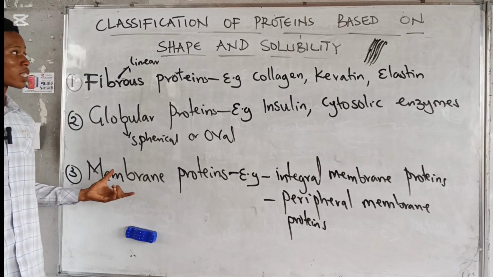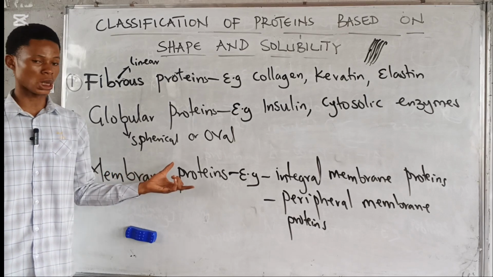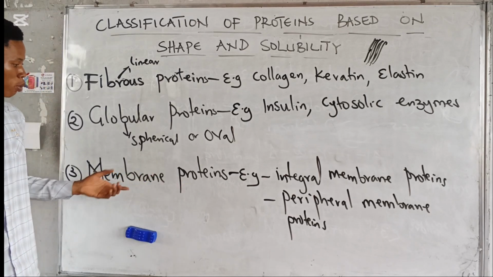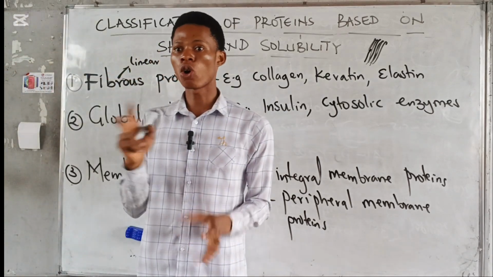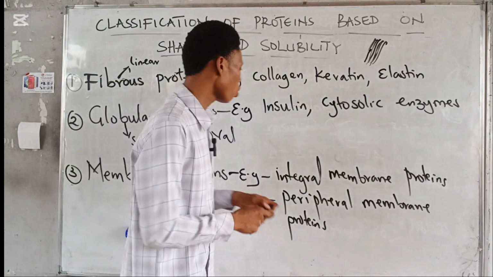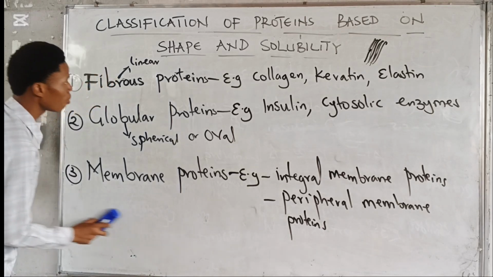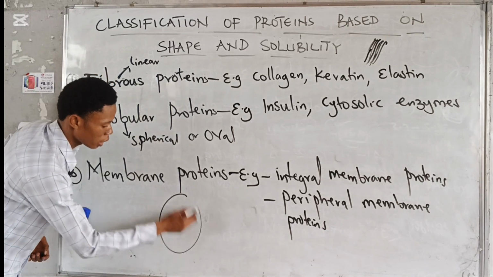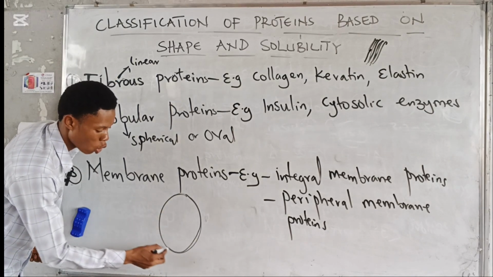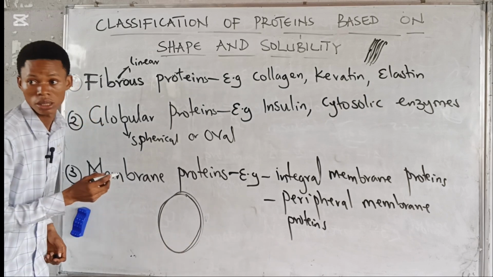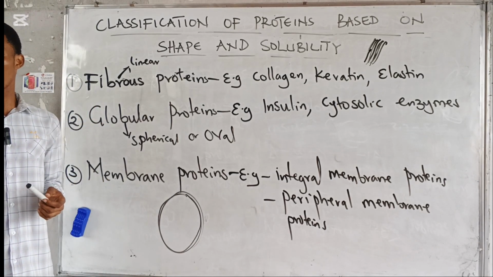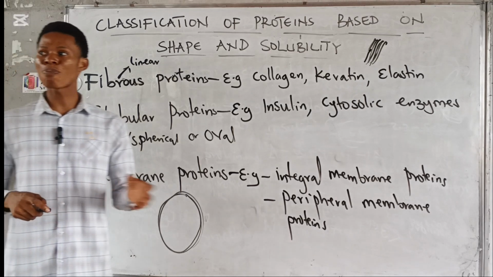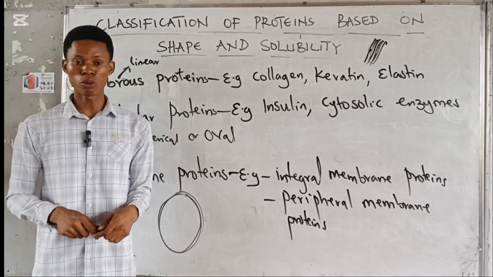Another one we have under this category is membrane proteins. Now, membrane proteins are found as part of the membrane, or they interact with the membrane. When we talk about the membrane, we're talking about the cell membrane. This is the cell. This thing you are seeing here is a cell membrane. And this cell membrane can have two types of proteins. We call them integral proteins and peripheral proteins.